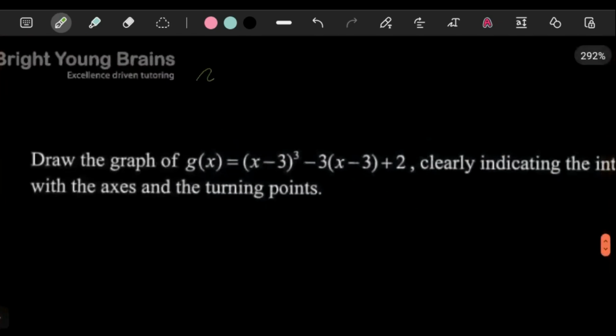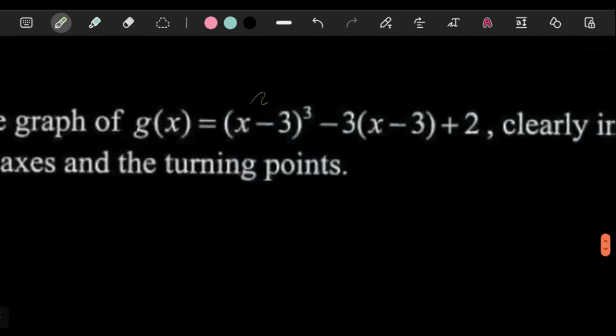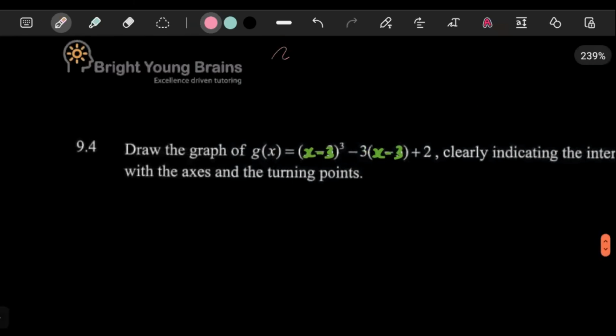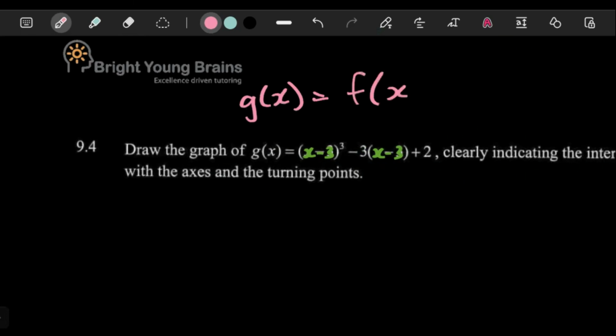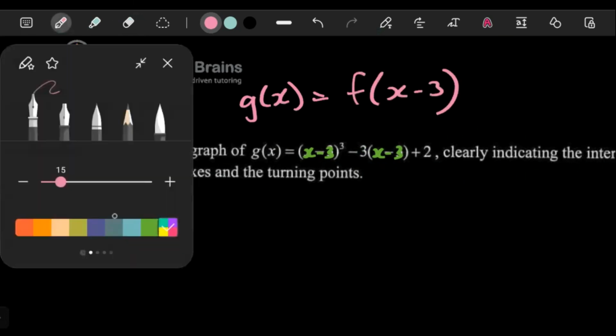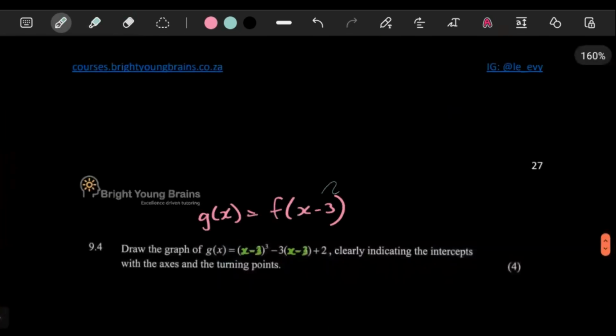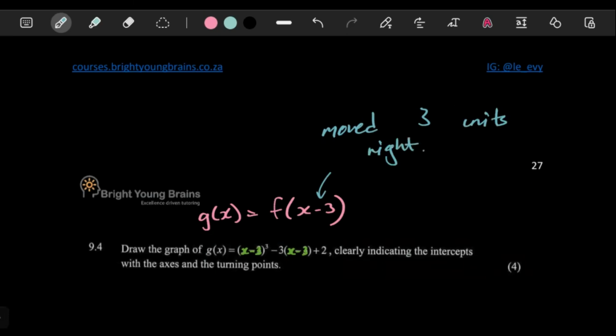All they did was move the graph of f 3 units to the right, because g of x is just the equation of f of x moved 3 units right, you see.